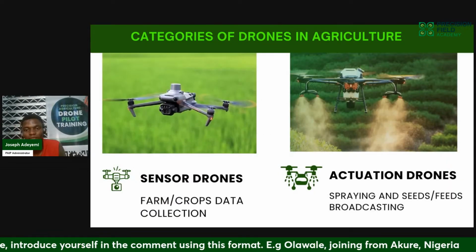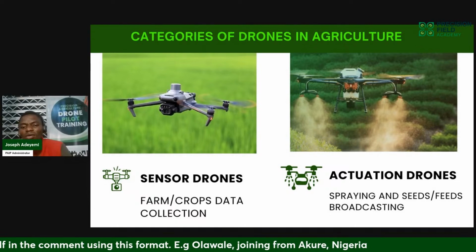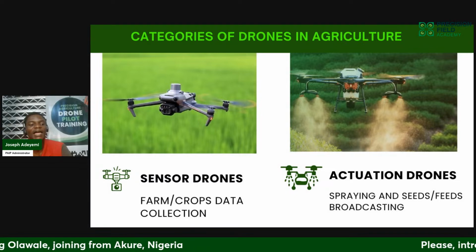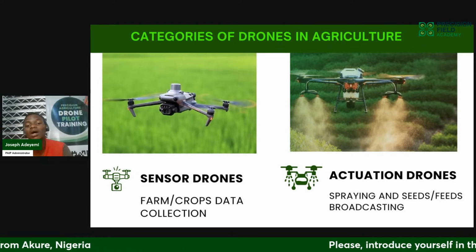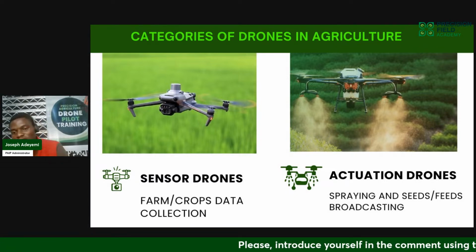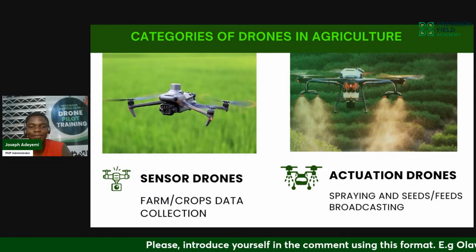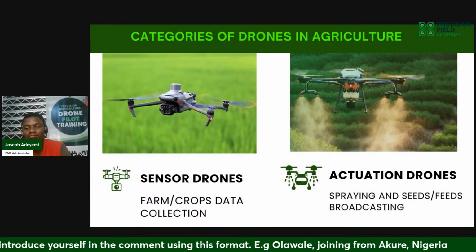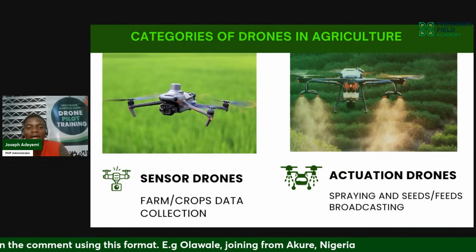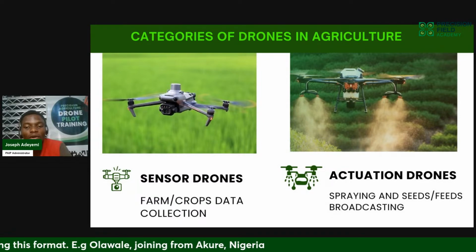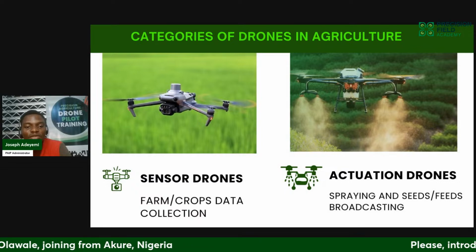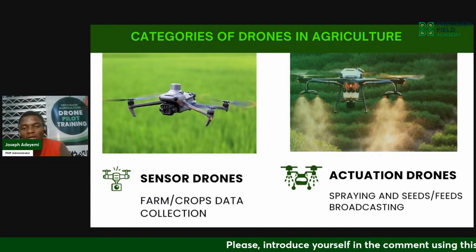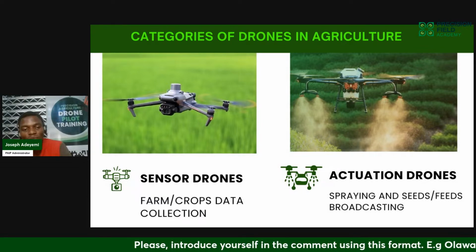All right. So basically, we have two major categories of drones in agriculture, and they are grouped into two sectors. We have the sensor drones and the actuation drones. The sensor drones are drones that are equipped, or they carry what we call a payload, an imaging payload, for them to take pictures and capture data with cameras.